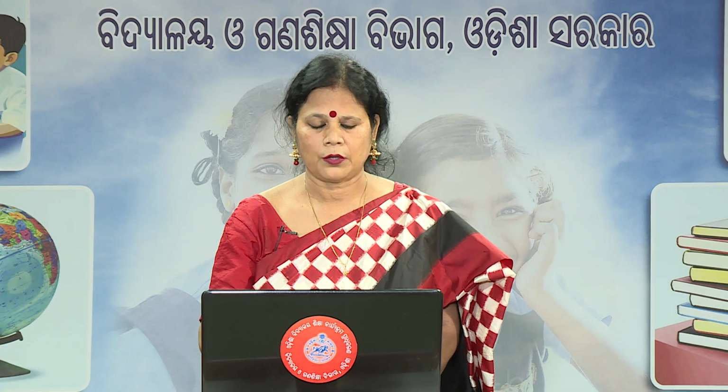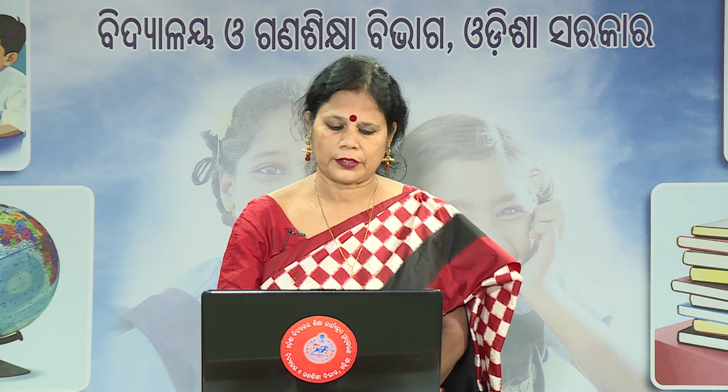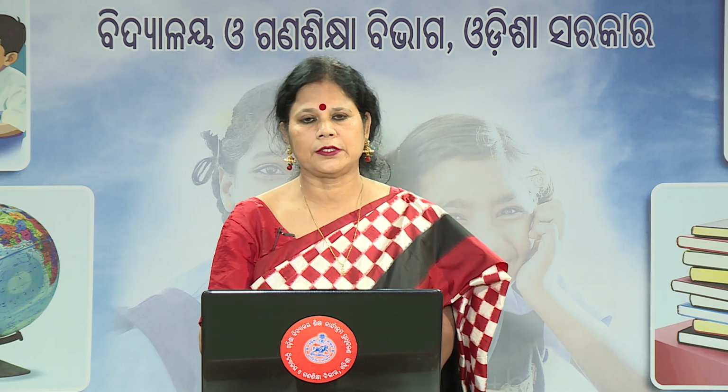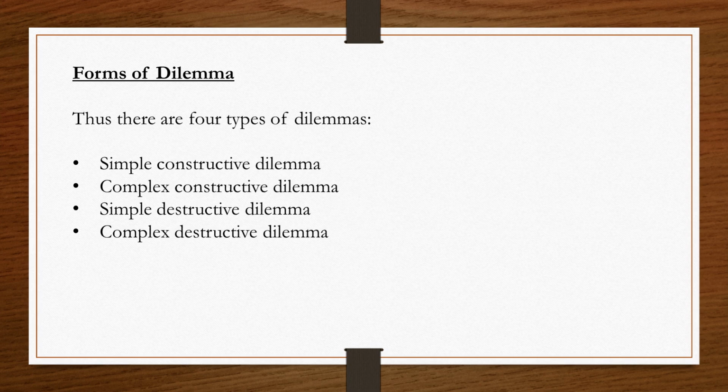Now dilemma may be constructive, dilemma may be destructive, and dilemma may be simple or complex. In a simple dilemma the conclusion is categorical, in a complex dilemma the conclusion is disjunctive. In a simple dilemma there is either a common antecedent or a common consequent, and in a complex dilemma all the antecedents and consequents will be different.